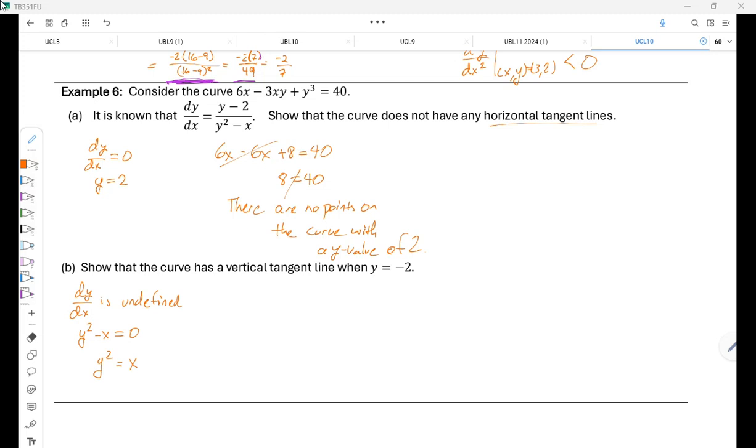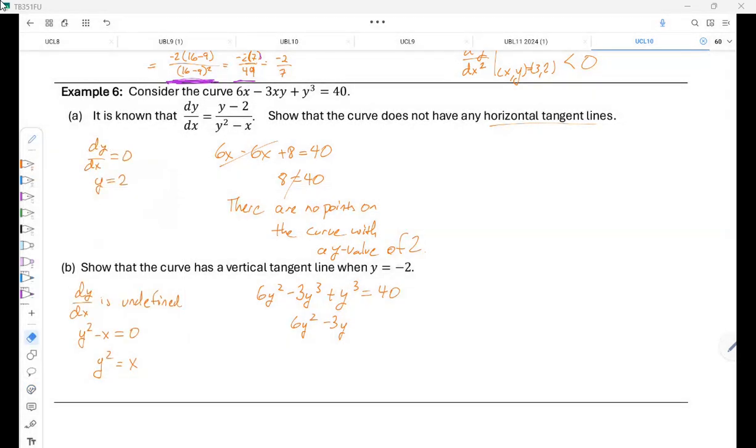That will give us 6y squared minus 3y cubed plus y cubed equals 40, which sounds like 6y squared minus 2y cubed.